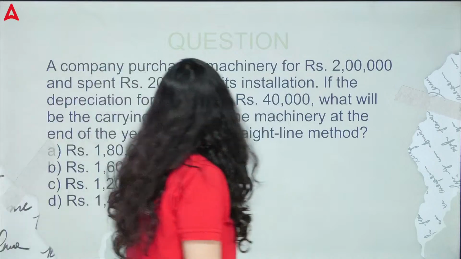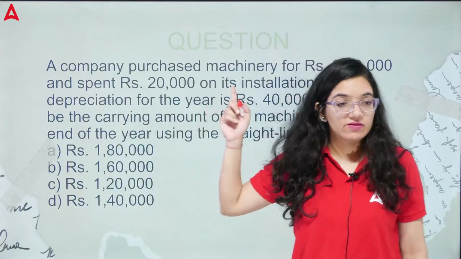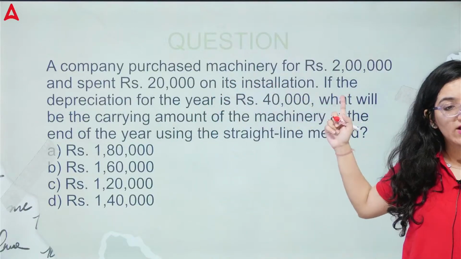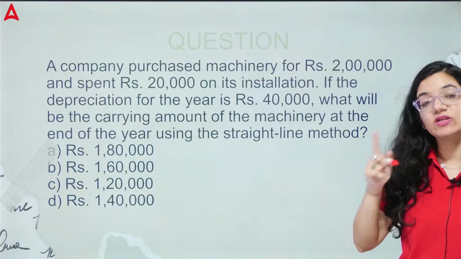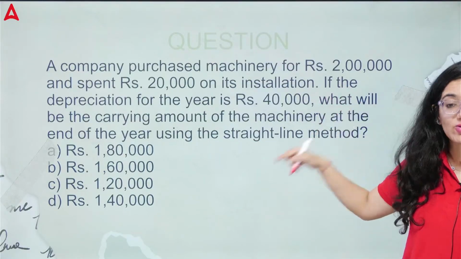They have given 2 lakh plus 20,000. Always remember, if the value of that particular machine is 2 lakh and you spend 20,000 on installation, the value of this machinery is not 2 lakh, it is actually 2 lakh 20,000.